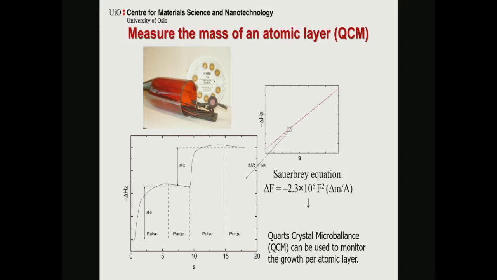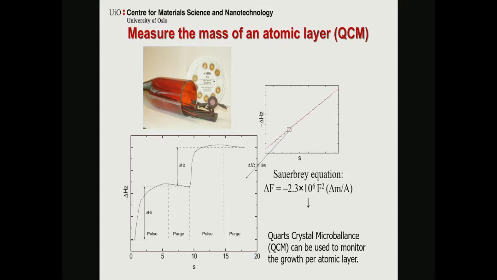You have clearly worked with this quartz crystal microbalance method for calibrating the growth rates. We use it in ALD as well, but here they react on the surface, and you measure the mass of each reaction step. So what you see here is actually the mass of one molecular or atomic layer.